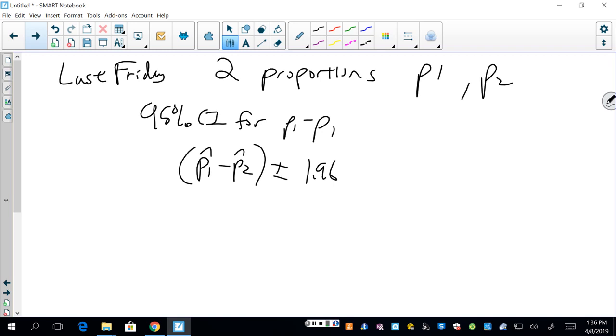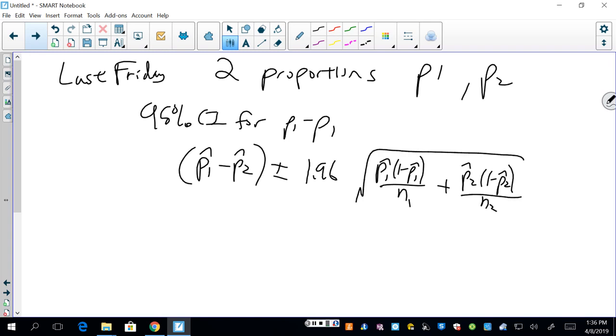Then the standard errors: P1 hat times 1 minus P1 hat over N1 would be the estimate of the variance for the first one, and we add in the estimate of the variance for the second one. Take the square root of all of that, and you get a confidence interval for the difference of two proportions.